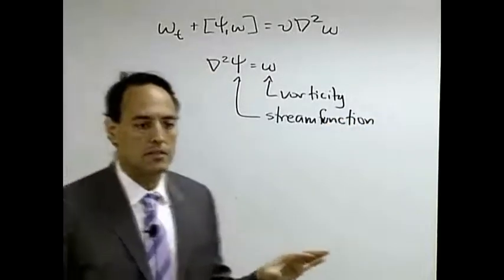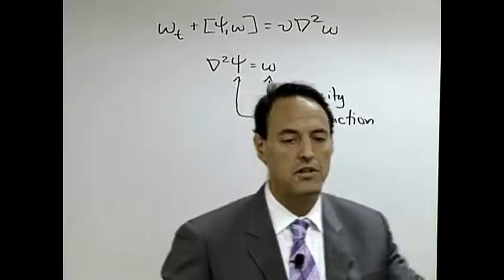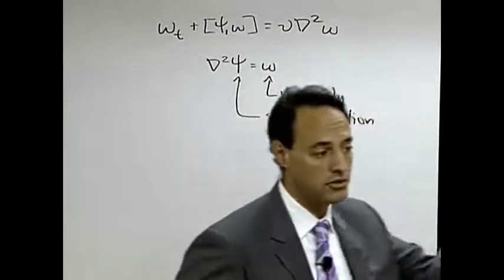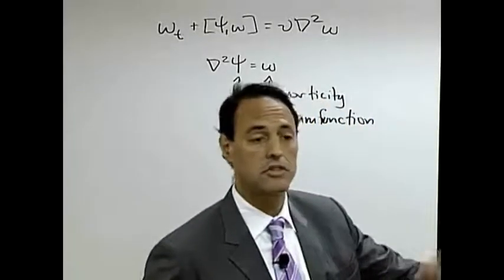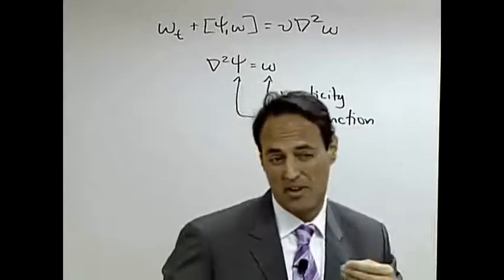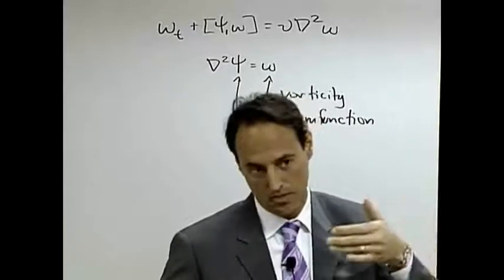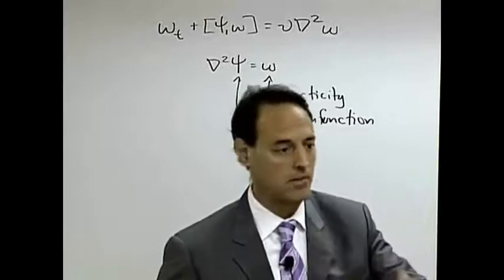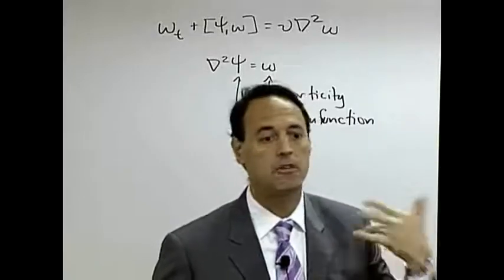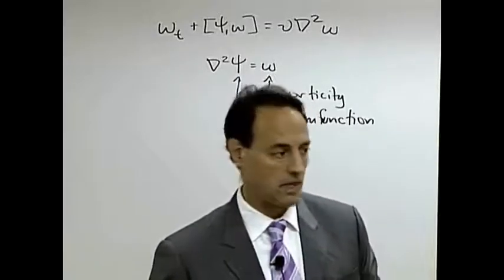The vorticity tells you dynamics, the stream function tells you the flow field. The stream function tells you the x component of velocity, the y component of velocity. So you can get your full flow field out of these two variables if you get them.